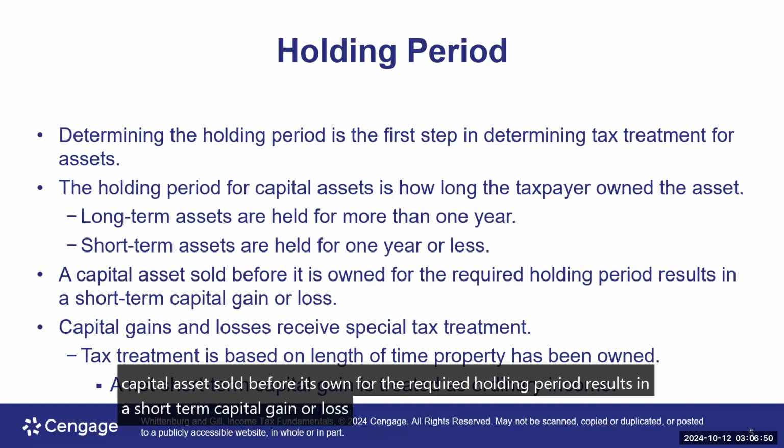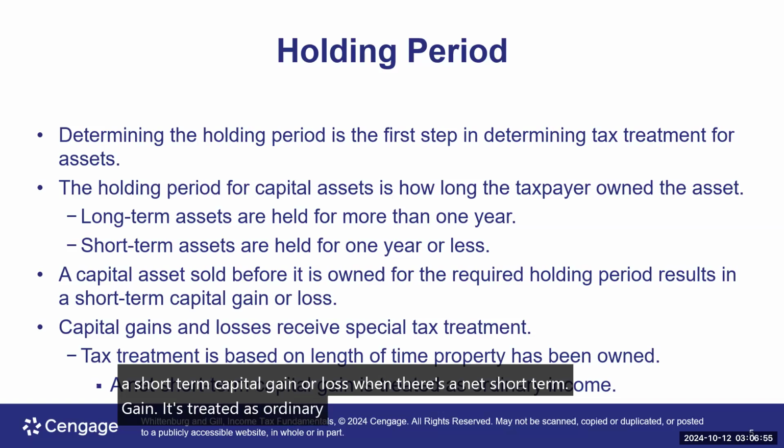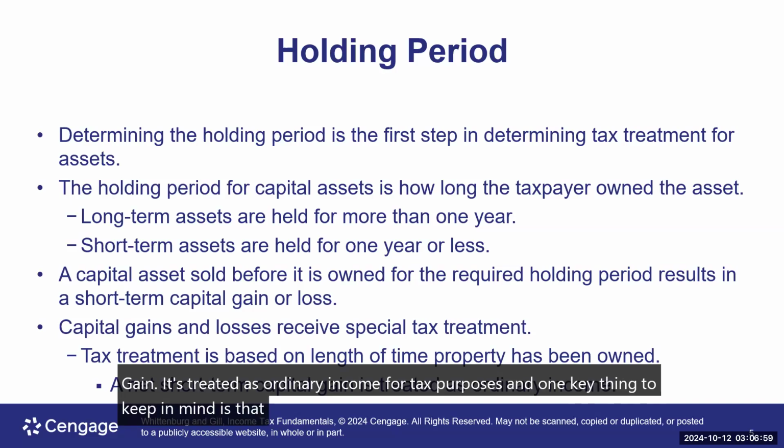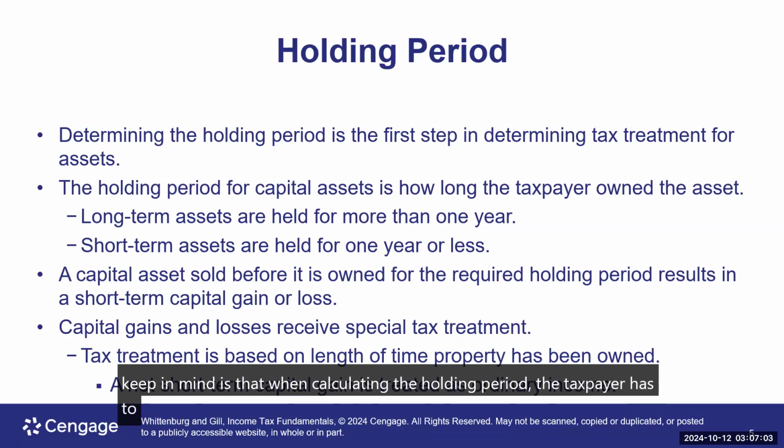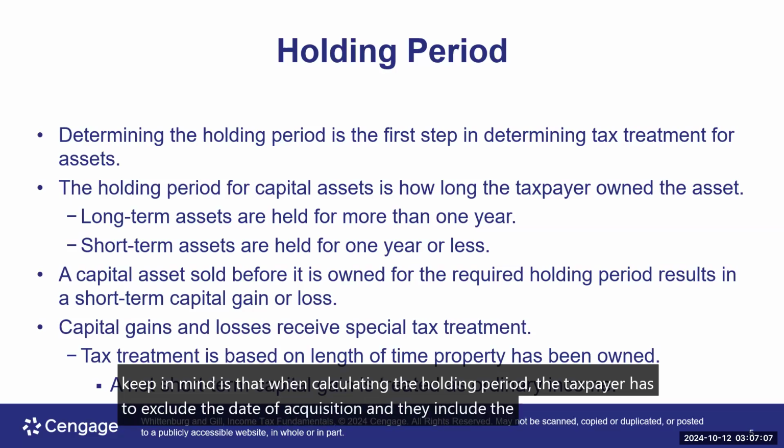When there's a net short-term capital gain, it's treated as ordinary income for tax purposes. And one key thing to keep in mind is that when calculating the holding period, the taxpayer has to exclude the date of acquisition, and they include the date of disposition.